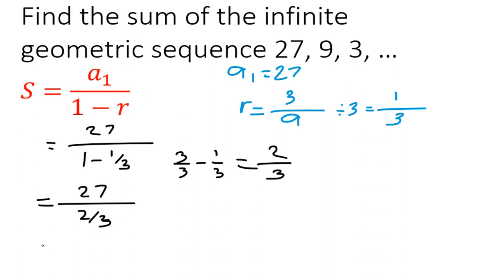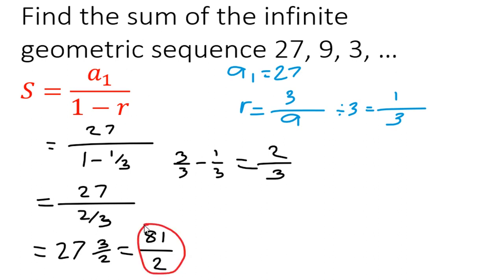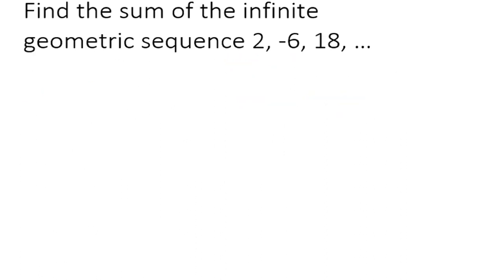So, paano mag-divide ng ganito? Yung 27, i-multiply mo sa reciprocal ng 2/3. Baliktarin mo yan, so magiging 3/2. Then, 27 times 3, yan ay 81. And copy mo na lang yung denominator. So, 81/2 ay yung sum ng infinite geometric sequence.